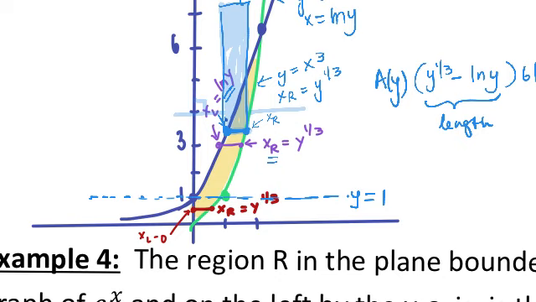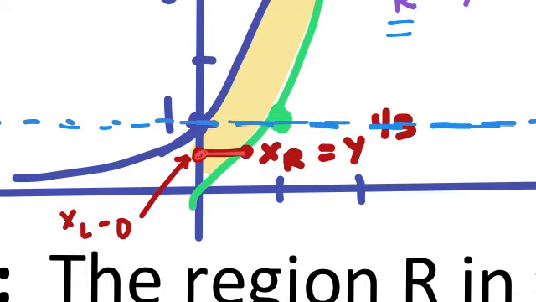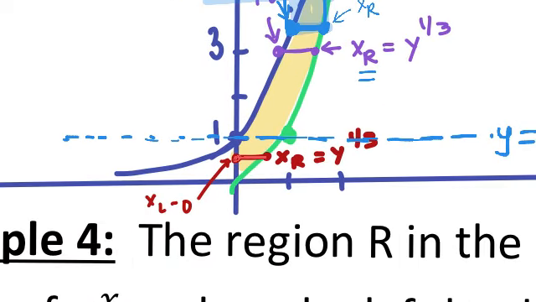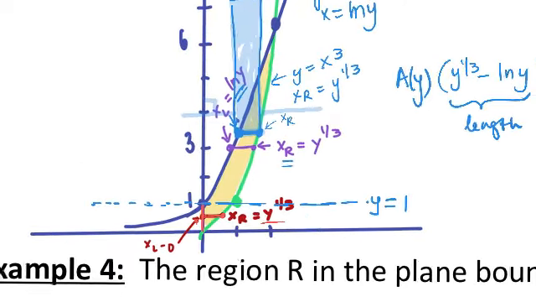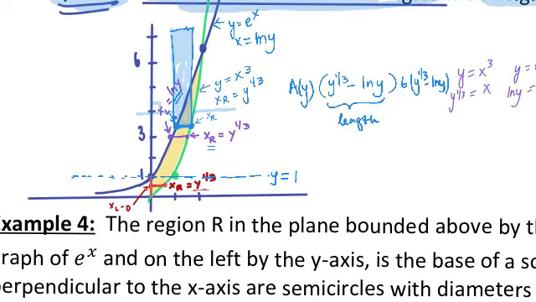However, if you are down here at say y equals a half, then your x right is still y to the 1/3, but your x left, the boundary is now the y-axis, right? The boundary is not the e to the x graph, the boundary is the y-axis. So you would get a different equation for y less than 1.